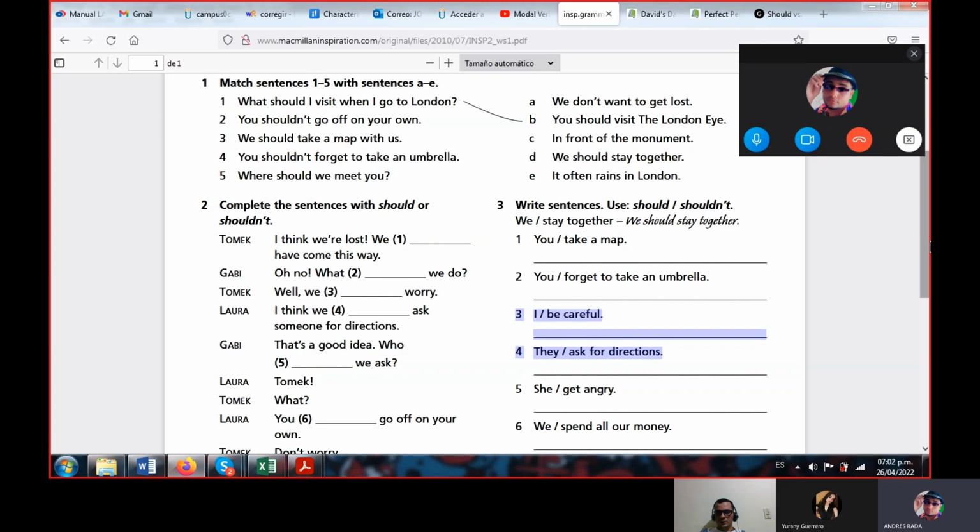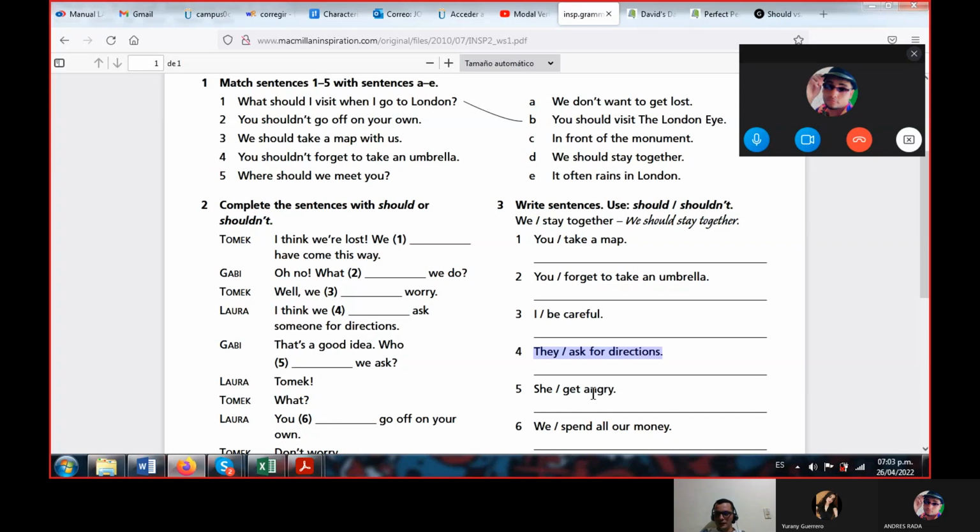Next sentence. They shouldn't ask for directions. Negative. Maybe in Bogotá this advice could apply.